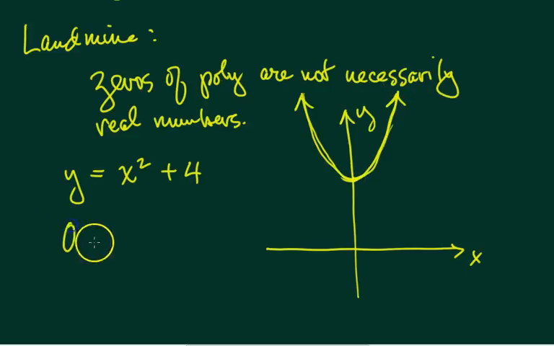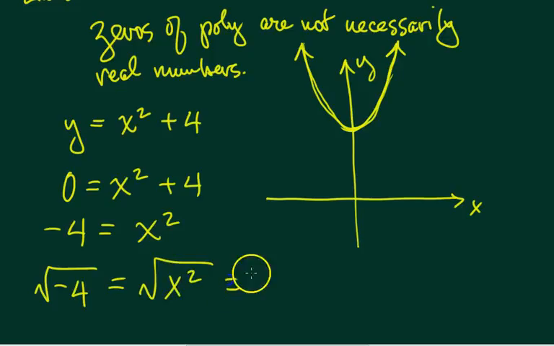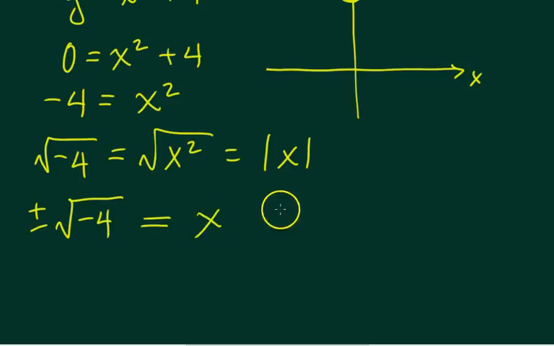If I solve this equation, can I solve that? Can I take the square root of both sides? Can I actually say that plus or minus the square root of negative 4 is equal to x?